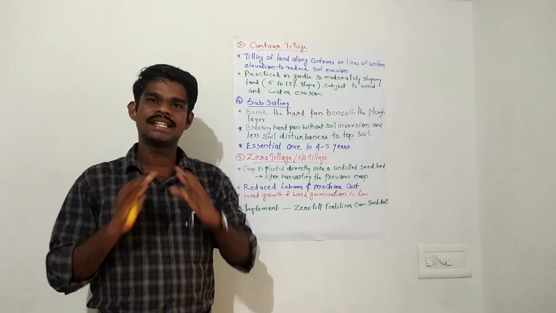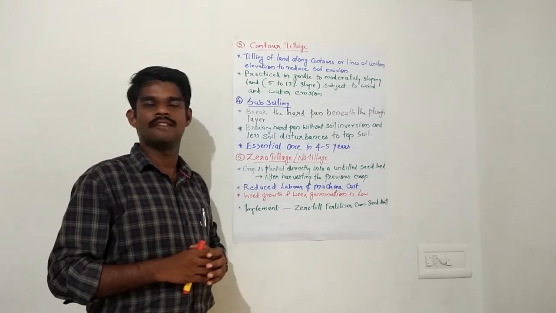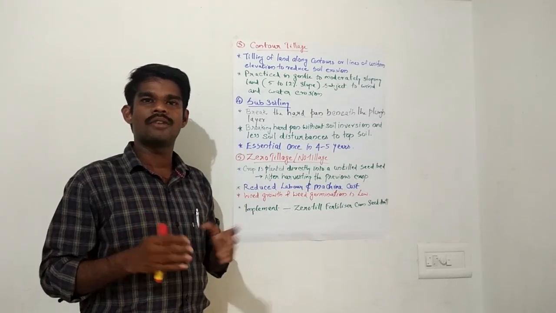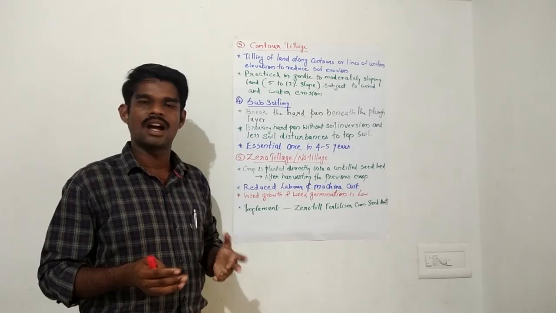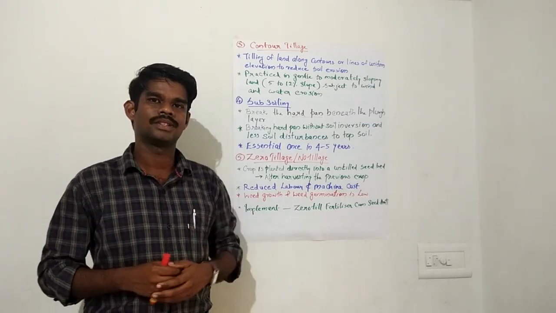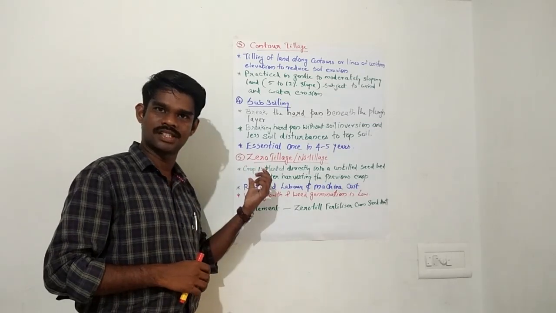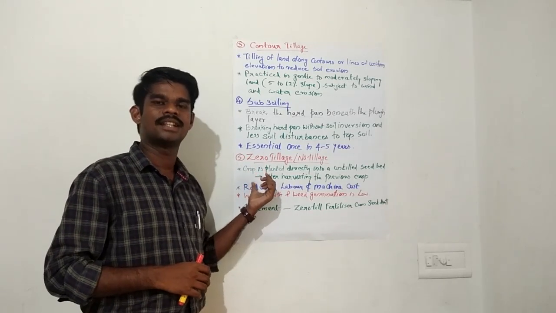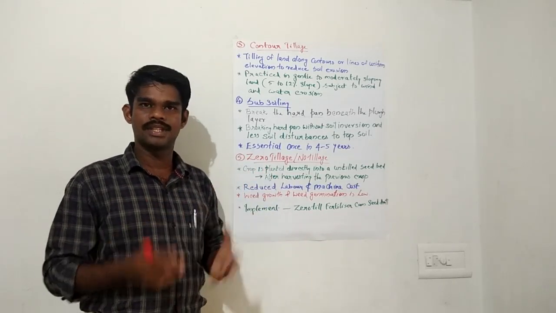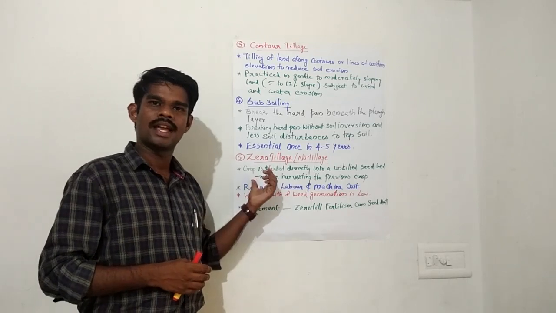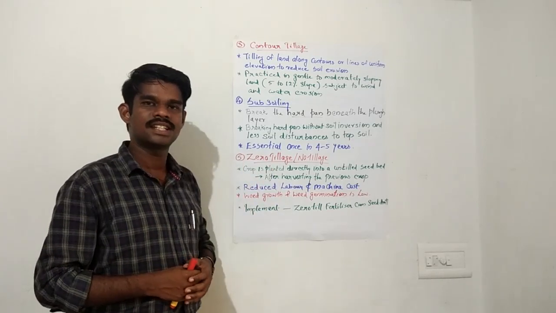If there is a tillage operation, then there will be a rapid growth of weeds after the tillage. So as a result, the weeds which germinate or grow are less as compared to conventional tillage.